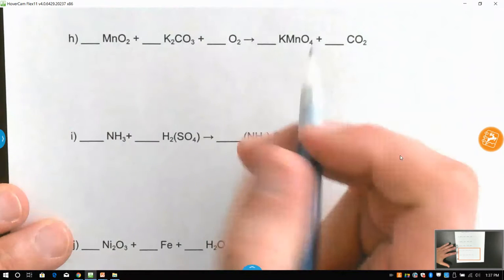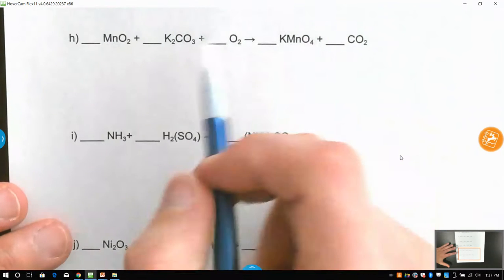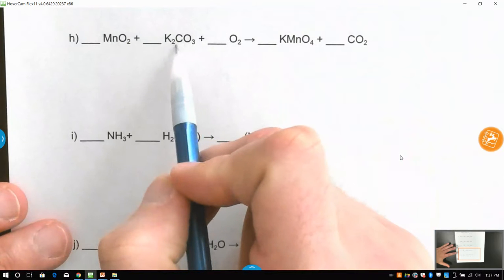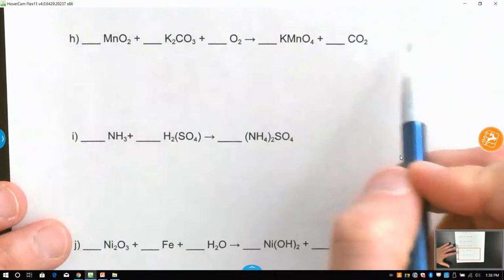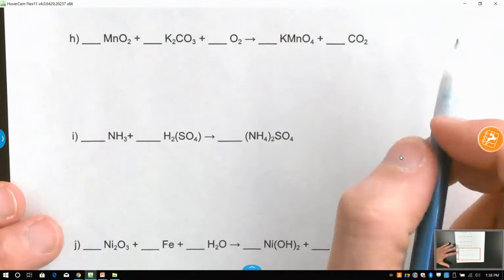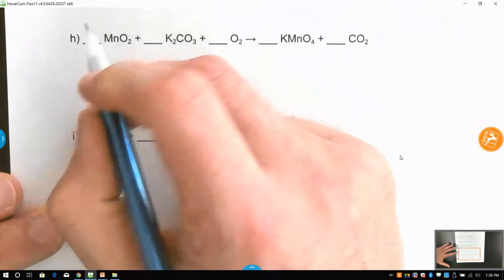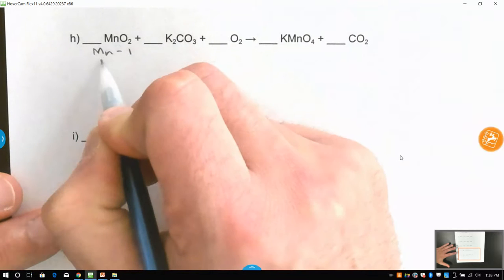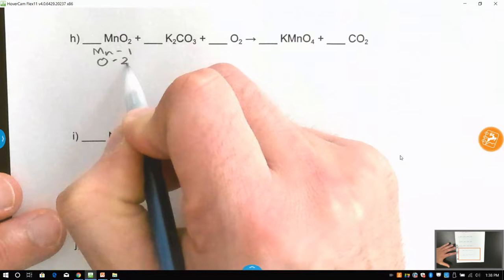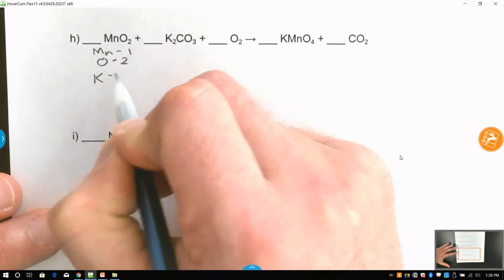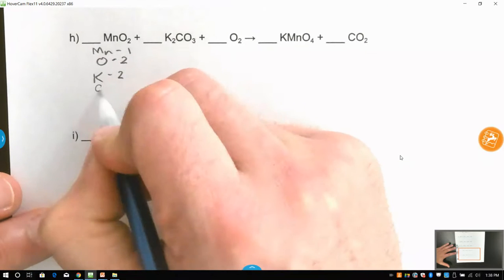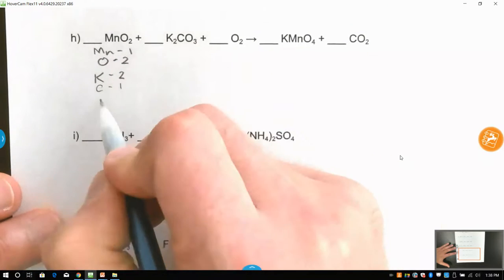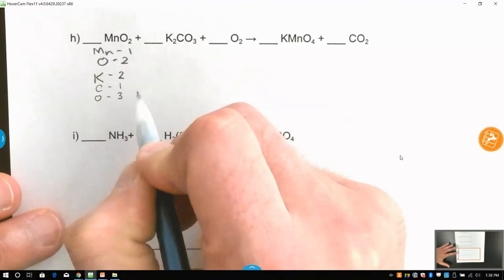All right, again, start with your inventory. We have a CO3, which is a polyatomic, but there is no CO3 on the other side, so we have to split it. So we have manganese, only one of them. We have oxygen, 2. Potassium, 2. Carbon, 1. Oxygen, 3.